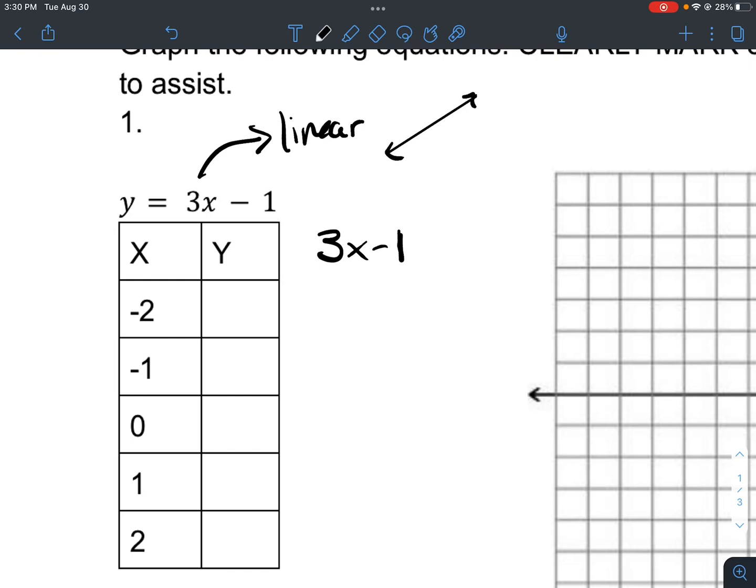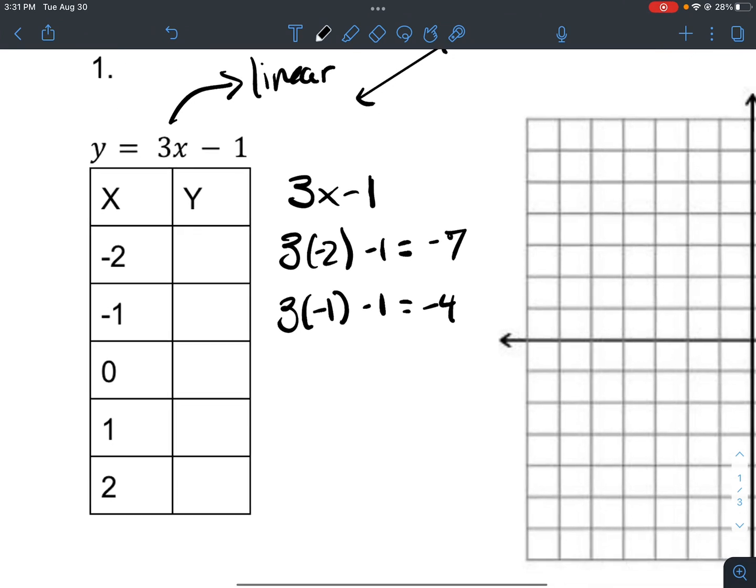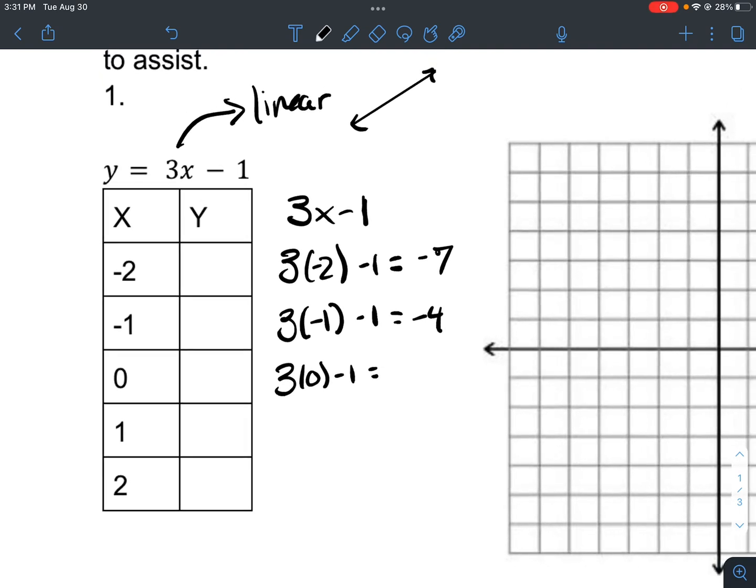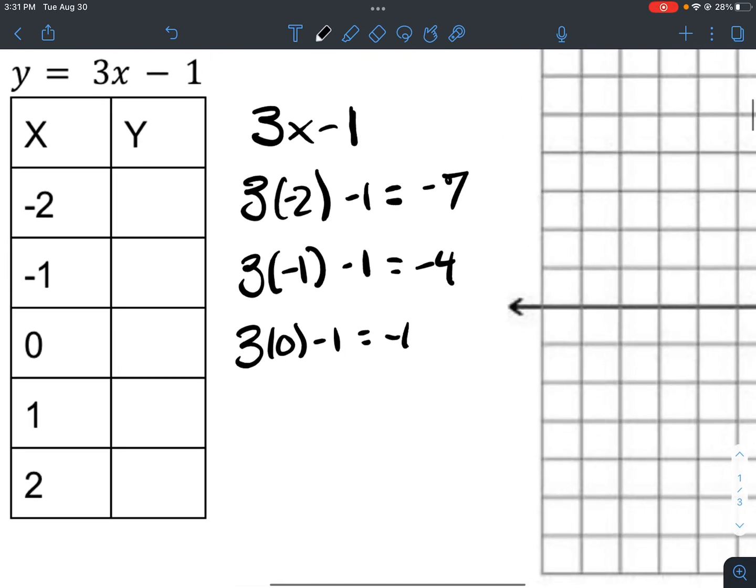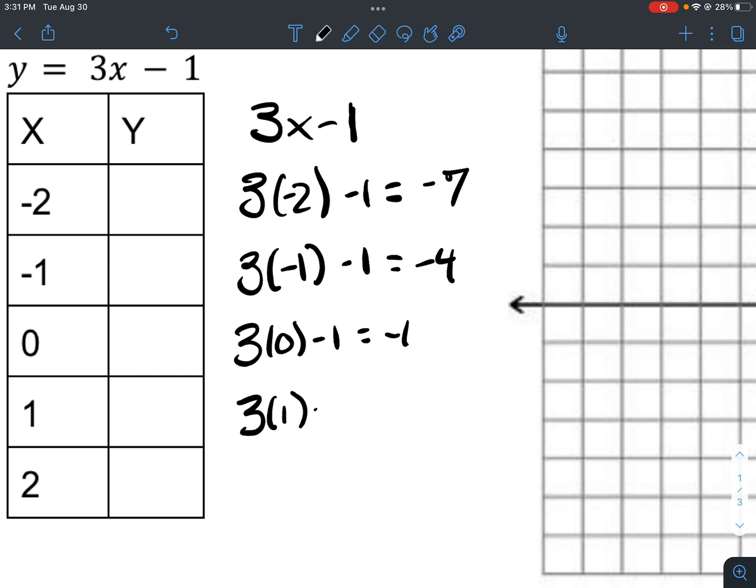Let's start plugging in some points. Remember, we're taking these x's and plugging them into here. So 3 times negative 2 minus 1 is negative 6 minus 1, which is negative 7. 3 times negative 1 minus 1 is negative 3 minus 1, or negative 4. 3 times 0 minus 1 is 0 minus 1, or negative 1. 3 times 1 minus 1 is 3 minus 1, or 2.